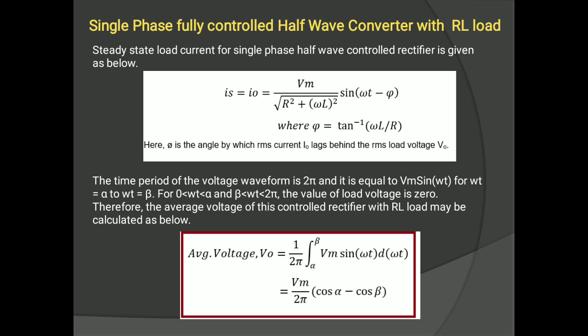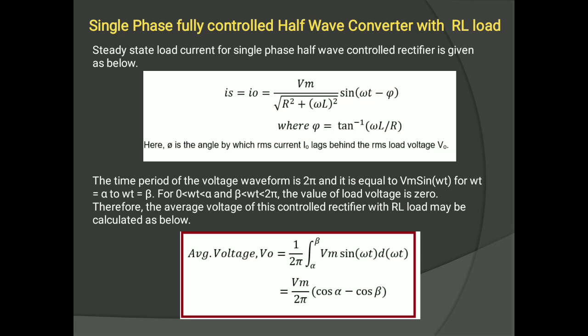Now the steady state load current for the single phase half wave controlled rectifier is given. Here output current equals Vm by root over R square plus omega L square times sin of omega t minus phi, where phi equals tan inverse omega L by R. What is phi?